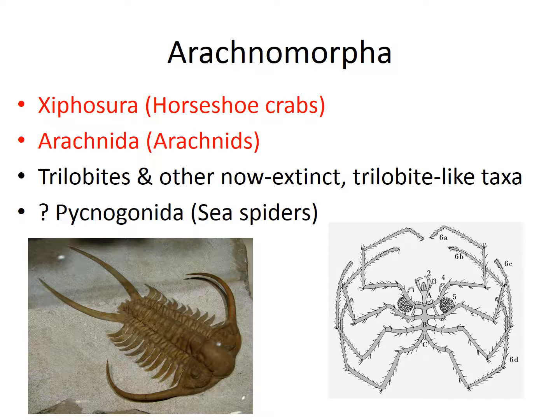And you can see a diagram of one of these in the bottom right here. They're very strange things that live at the bottom of the ocean and are pulled up in nets occasionally. We're not really going to talk about these latter two groupings. We're going to focus mostly on the ones I have highlighted here in red. So let's start with the first one.